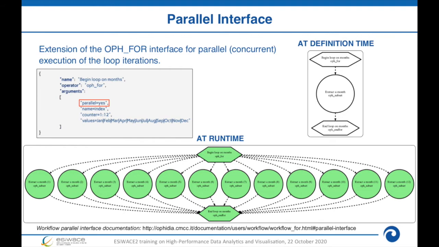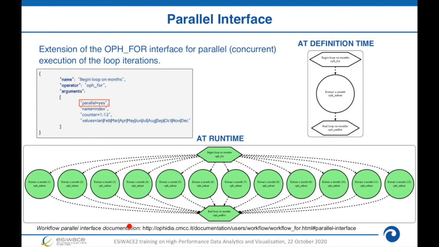In this way, the iterations of the loops are expanded by the workflow management system at runtime, as we can see here, and these are executed concurrently by the workflow manager. To do this, we simply have to specify the argument parallel equal yes.